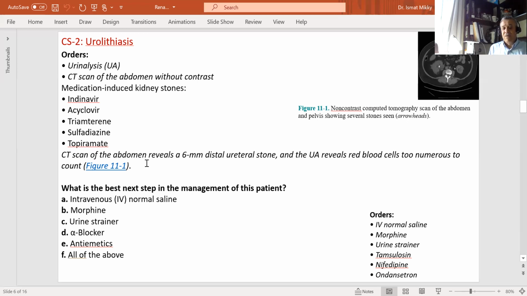So use some type of urine strainer. That strainer is going to catch the stone when it is passed, and then it can be sent to the lab for analysis for the composition of the stone to be known.